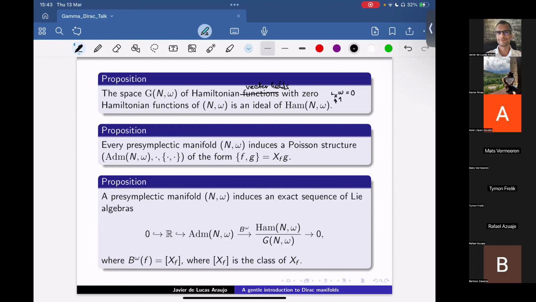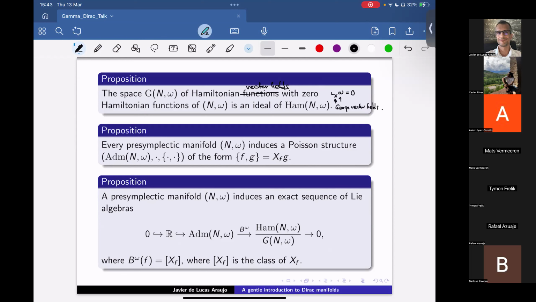So you may have a non-zero vector field which has a zero function. Sometimes I call these gauge vector fields. There are vector fields with a zero function. In Poisson geometry, we have non-zero functions with zero vector fields that we call Casimir.